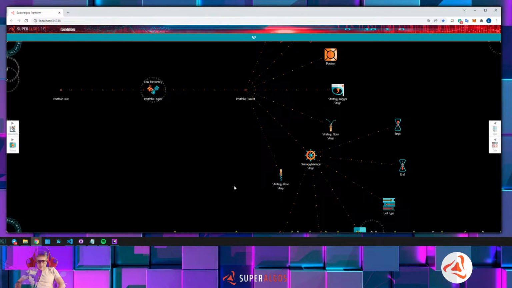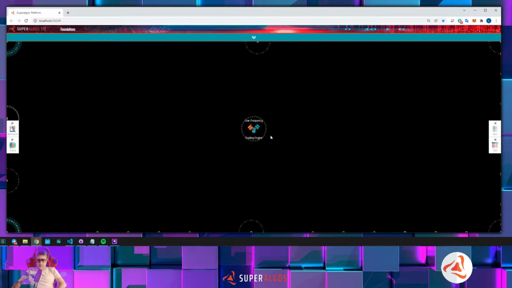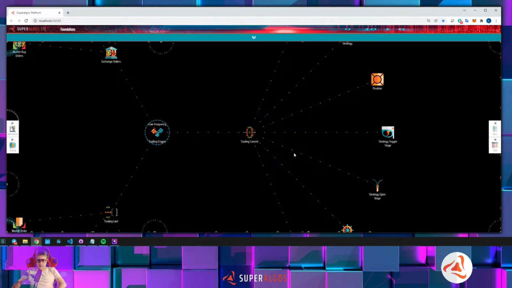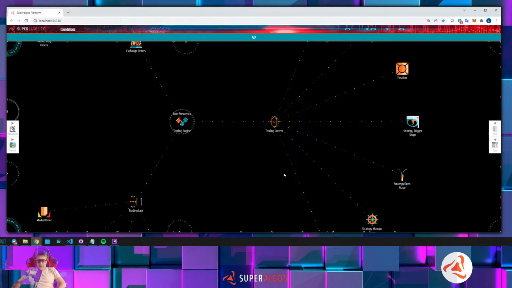That would be the most flexible option. It would mean that a formula at the portfolio manager could use any of the information that each individual bot is having.